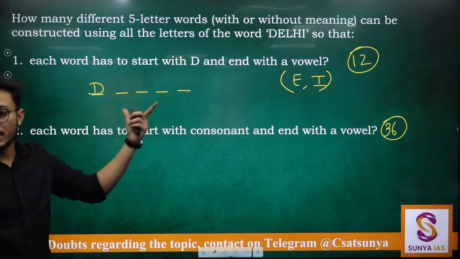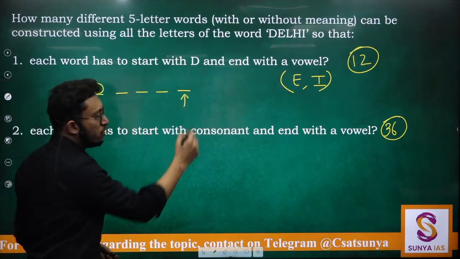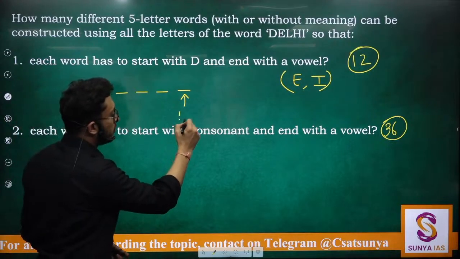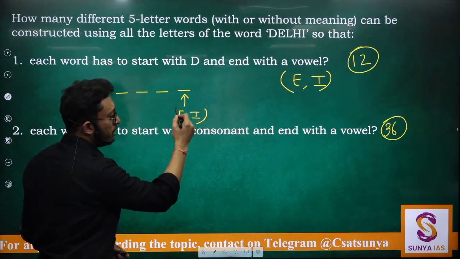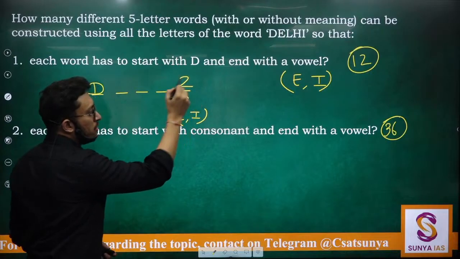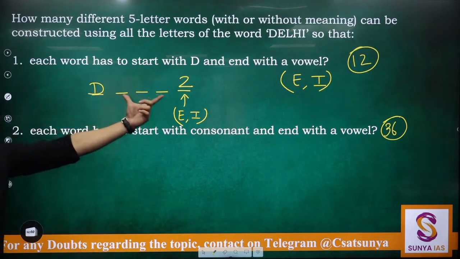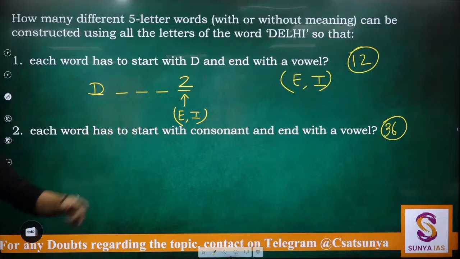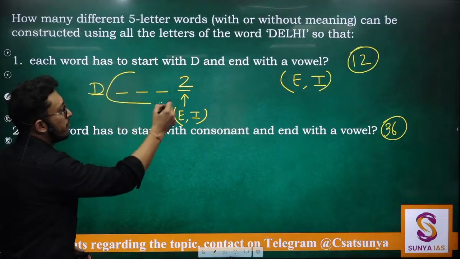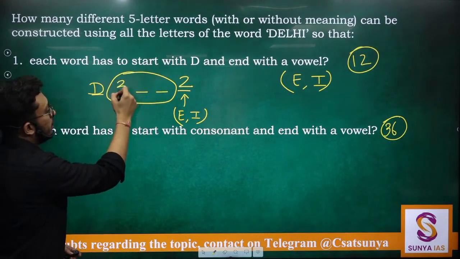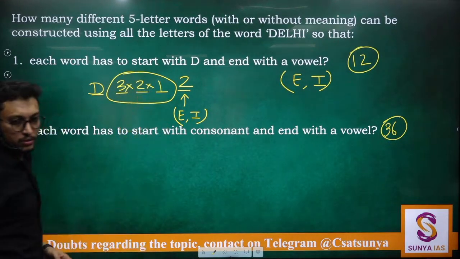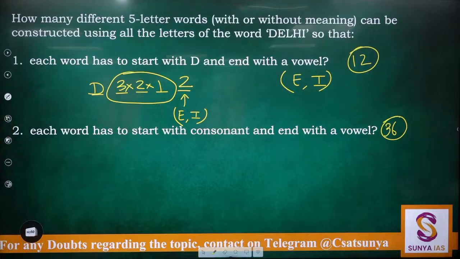First fulfill the condition. So how many options do I have? 2 options for this place. So either it is E or it is I. Next I am left with 3 alphabets to be filled in 3 places. Can I directly fill them by 3 factorial ways? 3 into 2 into 1. जो भी 3 बचे होंगे.